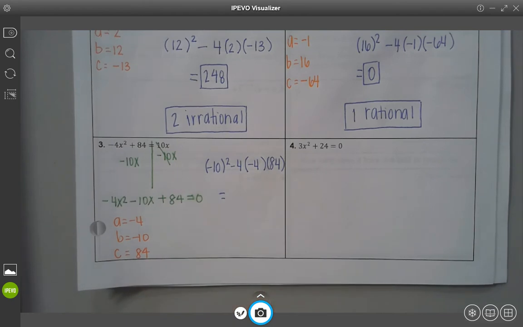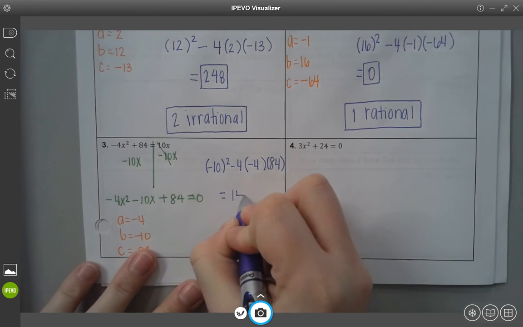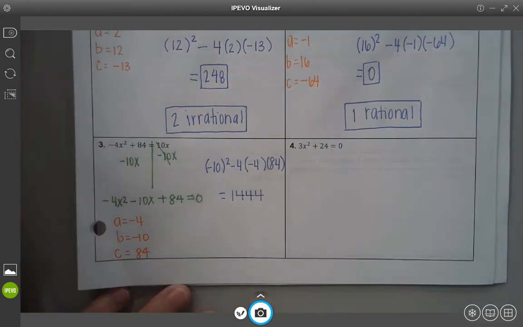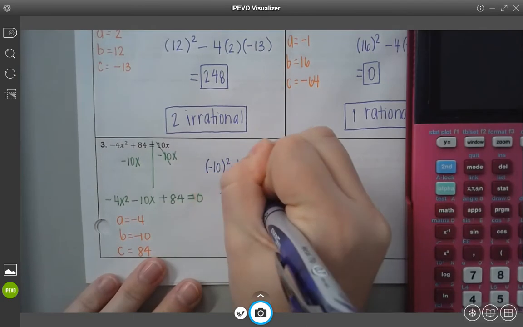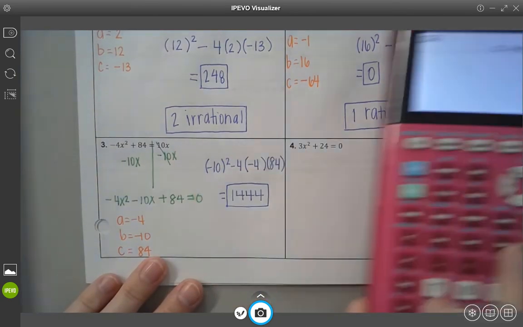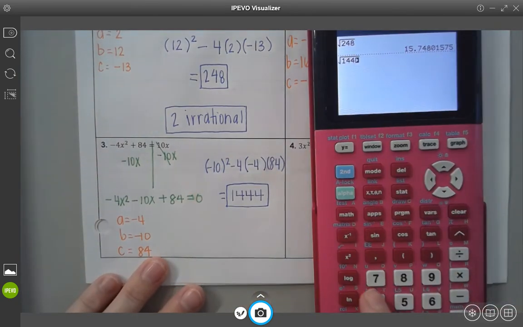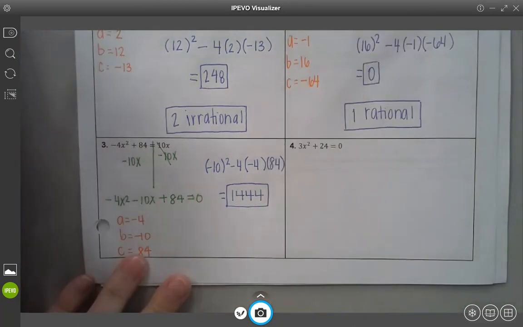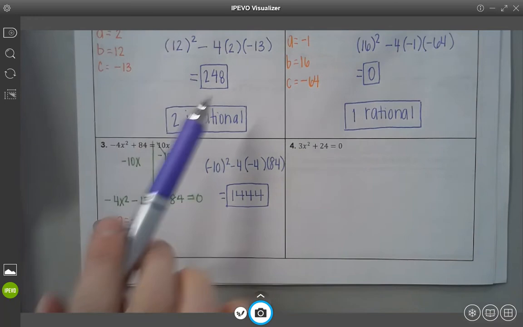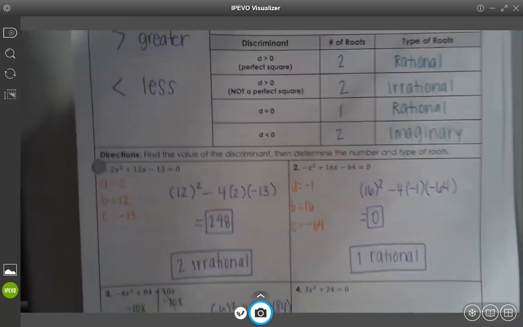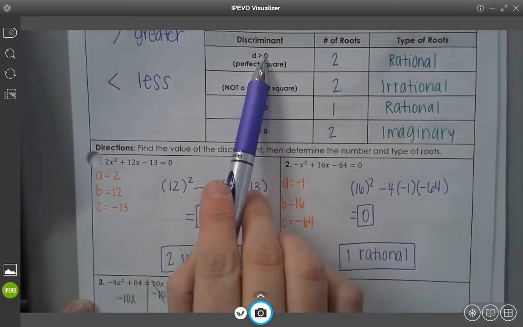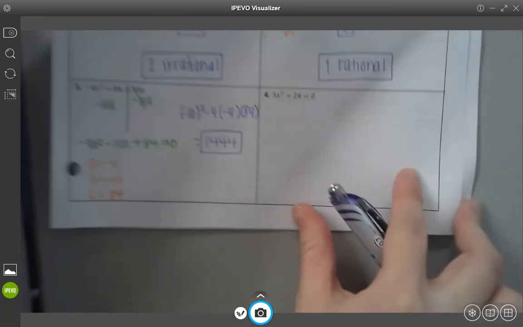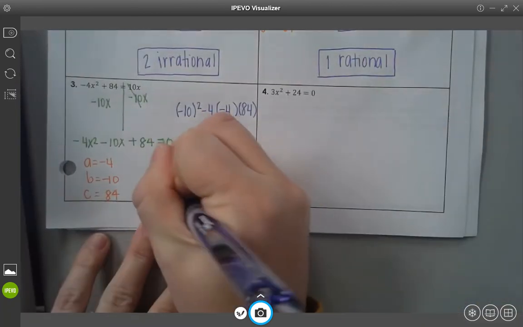What do you get when you type this in? 1,444. Is that what everybody else got? Okay. And if you want to check to see if that's a perfect square or not, it actually is. It's 38 squared. So it's positive, it's greater than 0, and it's a perfect square. So it has two rational solutions, or two rational x-intercepts.